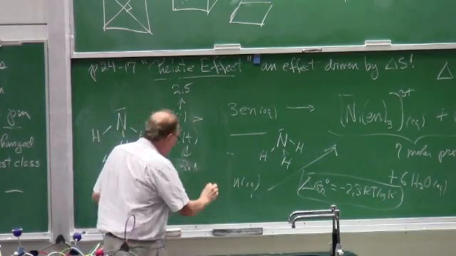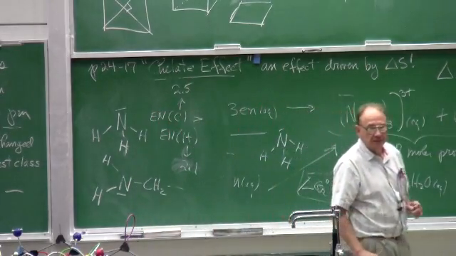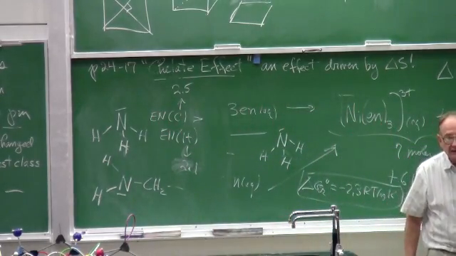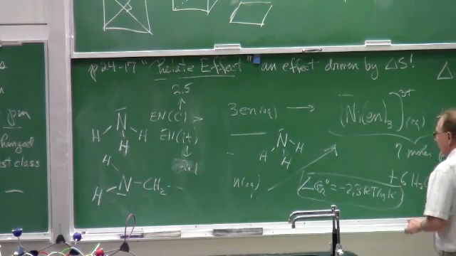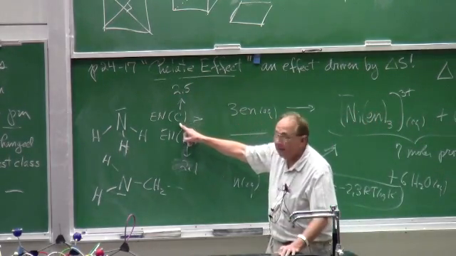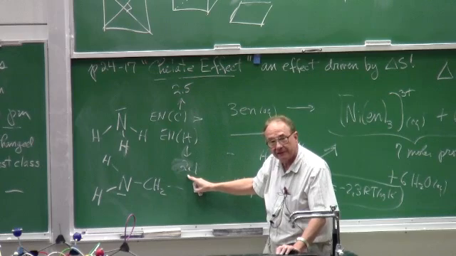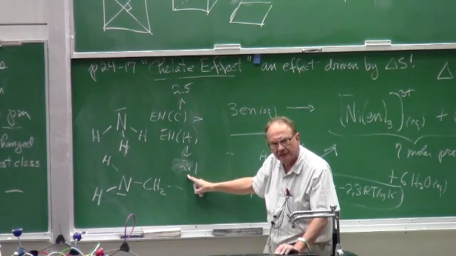Do you recognize that if we assess induction based on atomic electronegativity, we would argue this thing with a higher electronegativity is electron withdrawing relative to this. What does that term mean, electron withdrawing?